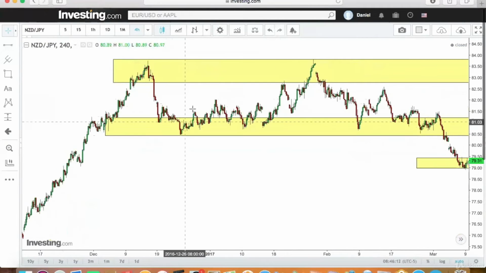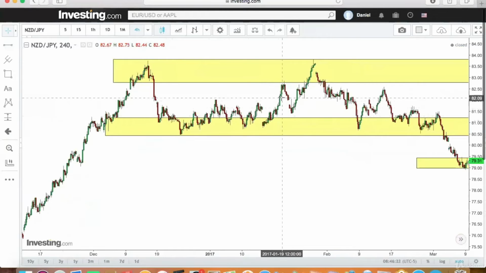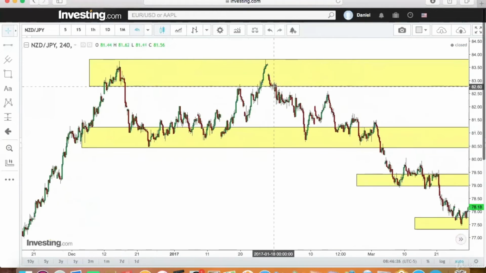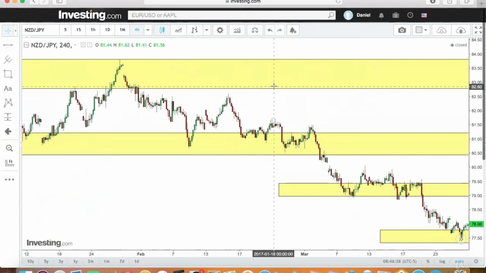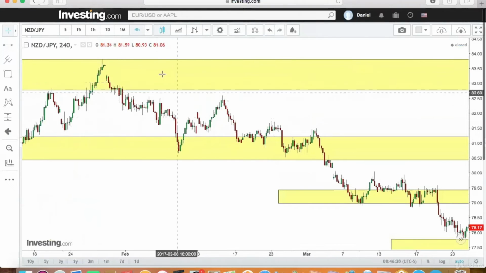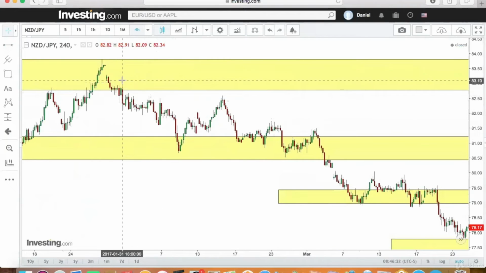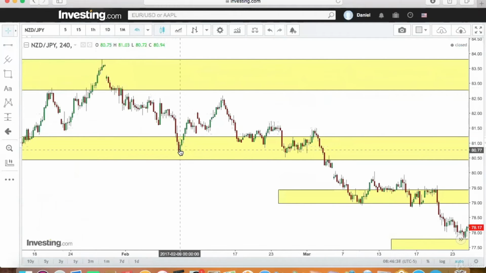It channeled support, broke through that support zone, turned that support zone to resistance, and broke up to a new area of resistance. So you mark these out on your charts, and you will have a better picture of market direction based off of price action and zones of price.